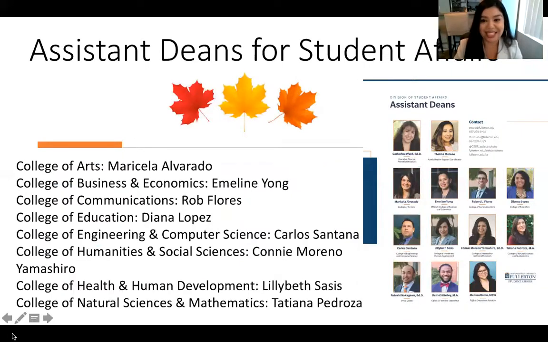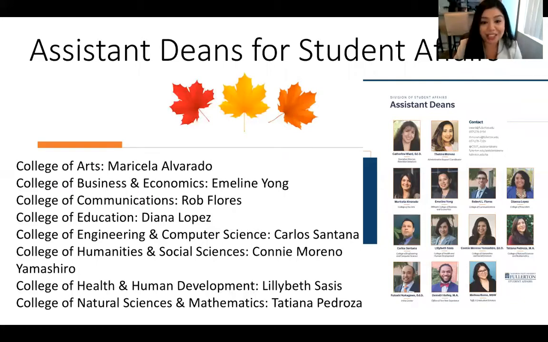team. And so Assistant Dean Flores and myself, we're representing 2 colleges, but that's 2 out of 8. And so yay, we're happy to represent our college here with y'all, but we also acknowledge that there's other amazing students at the university. So if you're a College of Arts student, Marisela Alvarado is your Assistant Dean. If you're part of the College of Business and Economics, Emmeline Young is your Assistant Dean.